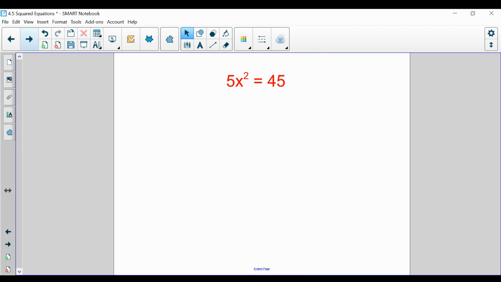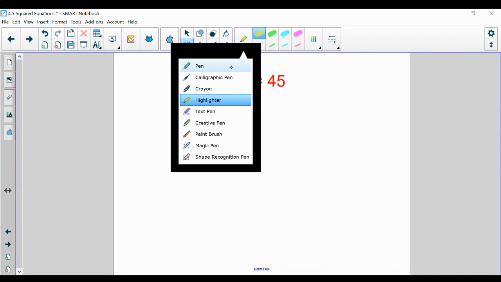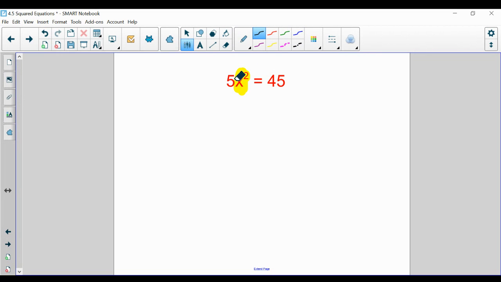All right, so now it gets a little trickier in that what is part of our equation is more than just the squared portion. And what you're going to hear me say over these next couple slides is to isolate the weird guy. The weird part of this equation is the x squared. The 5 we know is attached with multiplication, and I know that I can easily get rid of that by dividing by 5 on both sides.